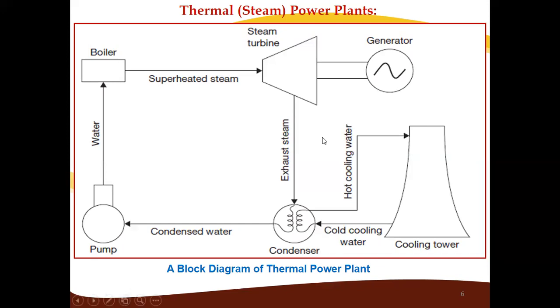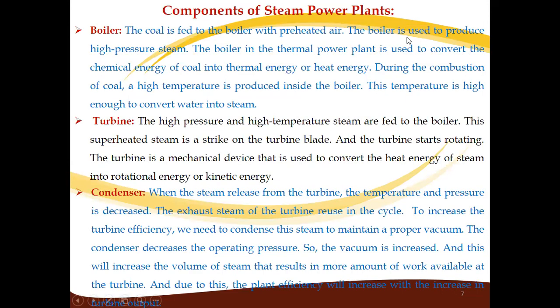Now we will see the different components of this power plant. So the first component is the boiler. Coal is fed to the boiler with preheated air, and the boiler is used to produce high pressure steam. The main function of the boiler is to produce high pressure steam.